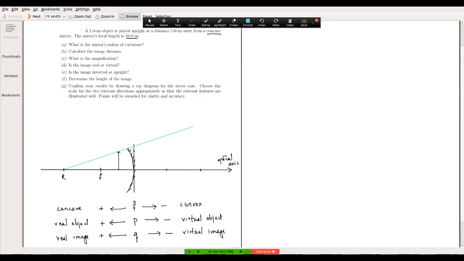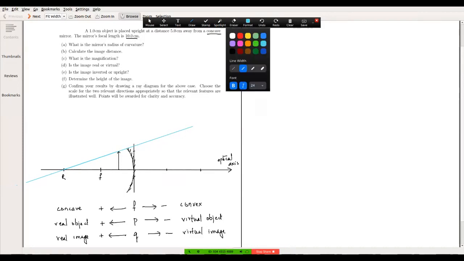And I have to go the opposite direction also. For that, I will start from the head and go this way. But that was just a reference line to show the actual path of the ray.